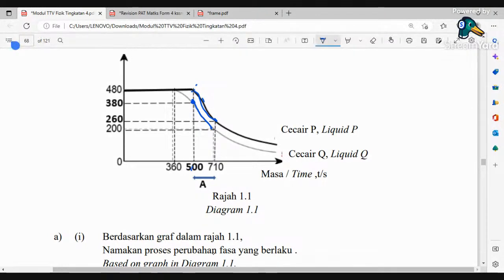Untuk 500 to 710, dia punya mass difference is 480 minus 260, so get 220. For Q is 380 to 200. So change in mass, mass that change to steam.